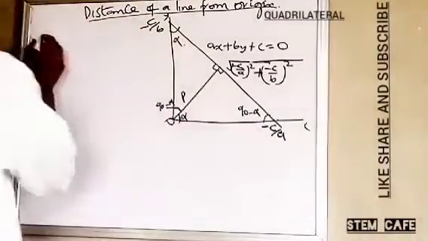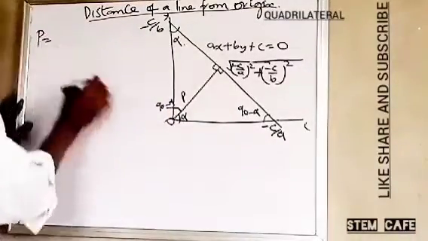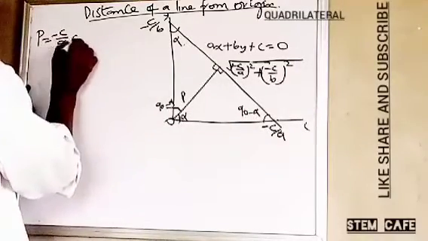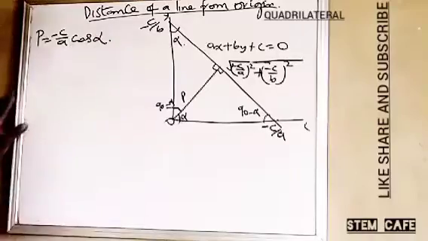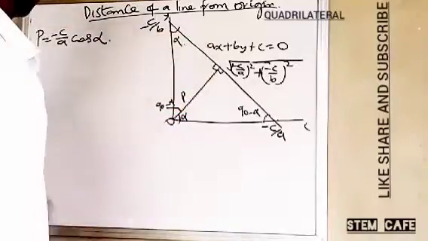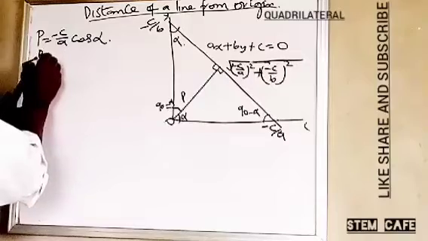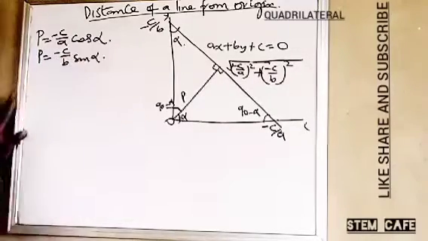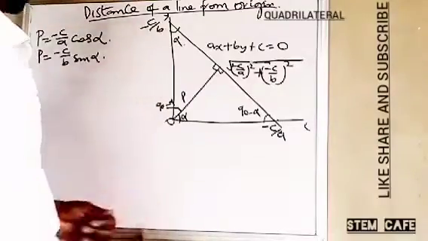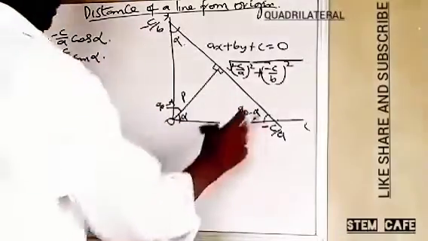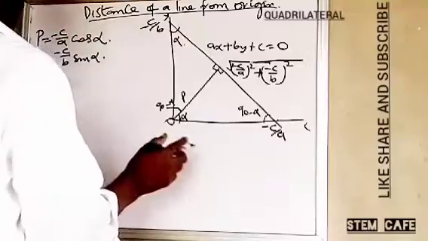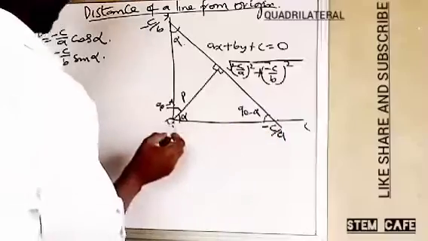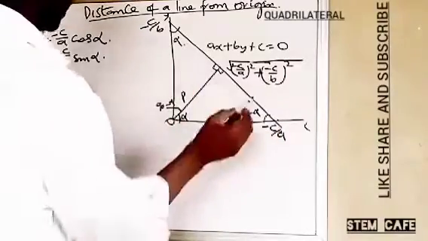So P is equal to minus C over A cos alpha. Here P is the opposite. P equals minus C over B sin alpha. And if you look at this place, cos alpha, because this is alpha, adjacent over hypotenuse.